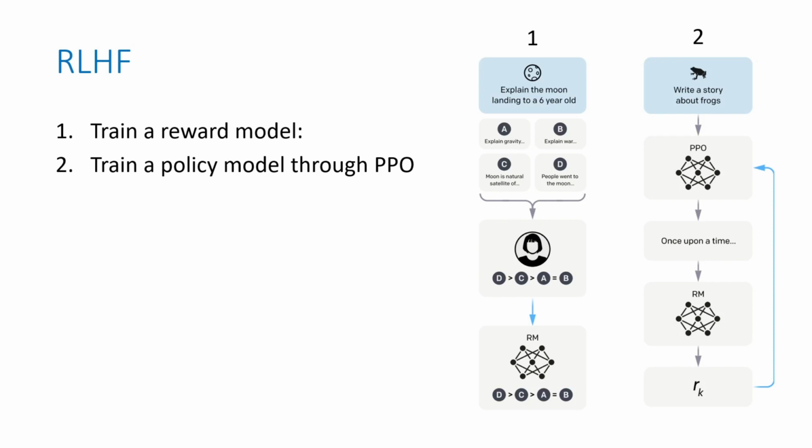At a high level, RLHF has two parts. In the first part, you train a reward function that captures the human preferences. In the second part, you use the RL method and the reward function to align the LLM with the human preferences.